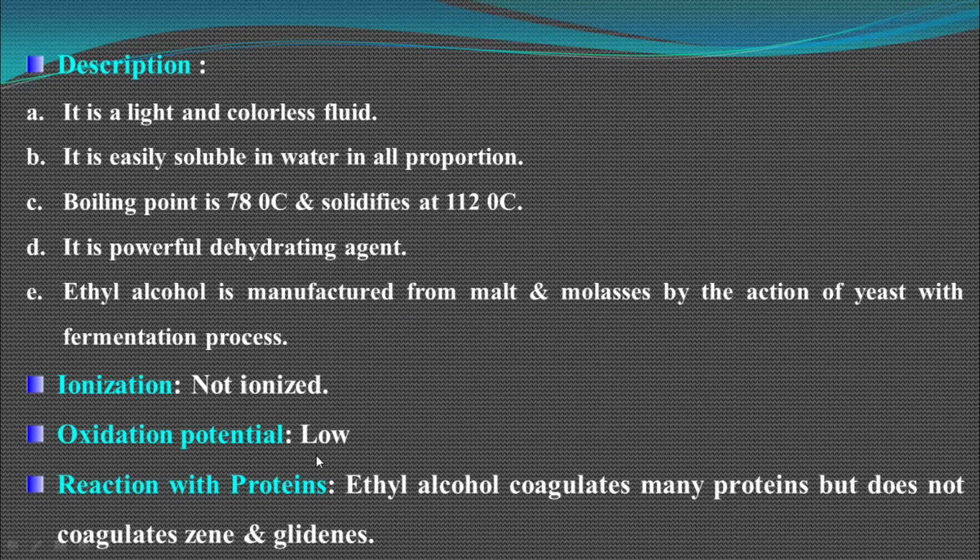The cell components consist of protein, carbohydrate, fats, lipid, nucleic acid. So, what are the reactions with proteins? Ethyl alcohol coagulates many proteins, but does not coagulate zein and gliadin.